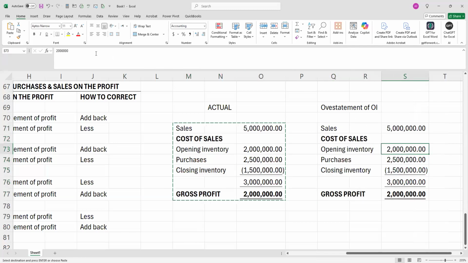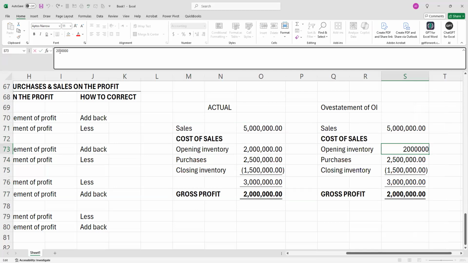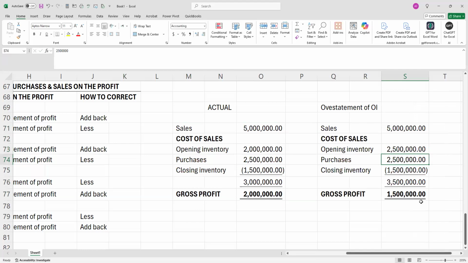Assuming this opening inventory is overstated by 500,000, so it was supposed to be 2 million, but you overstate it to 2.5. You see the impact. It will understate our profit. The profit should have been 2 million, but if we have overstated our opening inventory, you see the impact, 1.5.